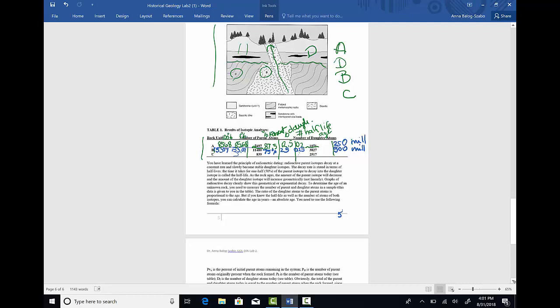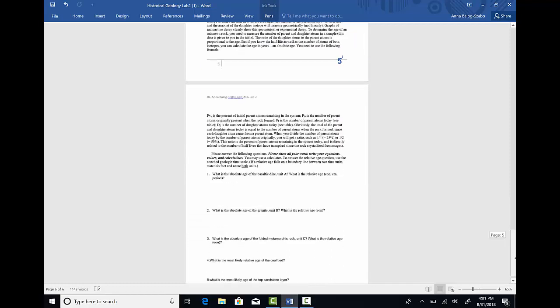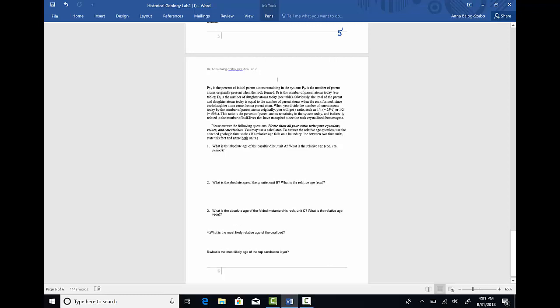So the only thing we have left is to answer the questions down there. So the first question, what is the absolute age of the basaltic dike, Unit A? Unit A is 250 million years. And knowing this, you can look up the eon and era.